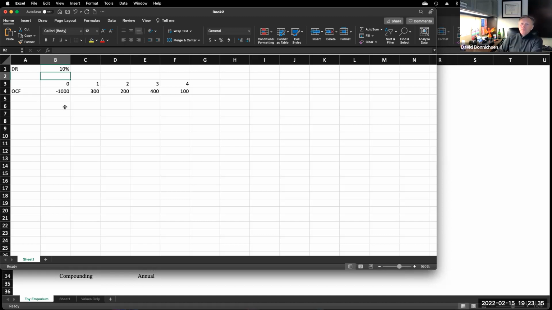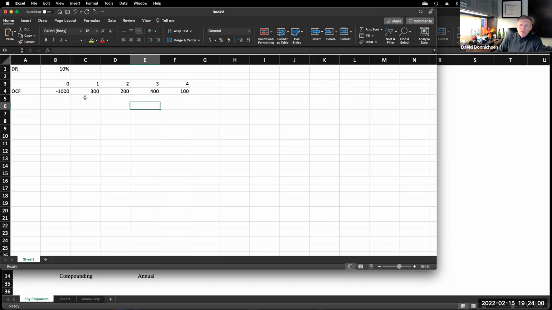So, okay. We think back to the future value, present value calculation. We said the future value is equal to the present value times 1 plus the required rate of return to the exponent of the time frame we're talking about, right?